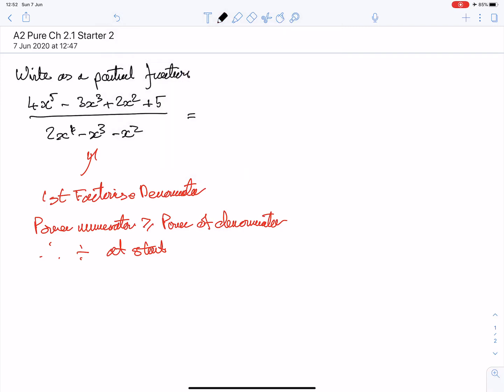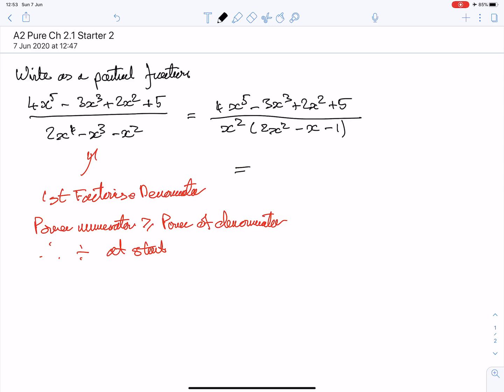So if we factorise, first of all, we get 4x to the 5 minus 3x cubed plus 2x squared plus 5 divided by, well, the first thing to notice when we factorise is that we can take out a factor of x squared to leave 2x squared minus x minus 1.